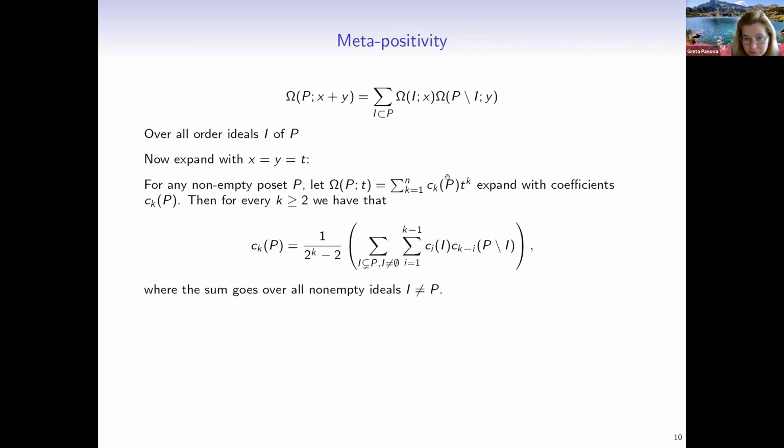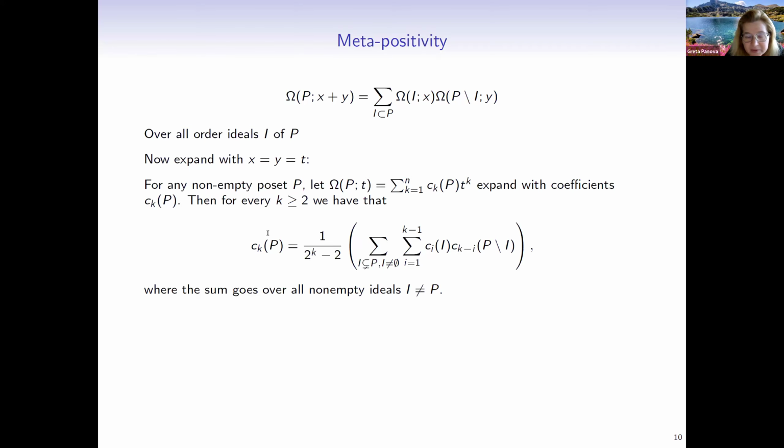We don't know what these coefficients are, but they depend just on the poset. So if we write our order polynomials, we expand them in terms of the coefficients and we use this identity. Now, of course, I can be the empty set, and I can also be equal to P. So you need to remember that the poset here is going to appear twice.